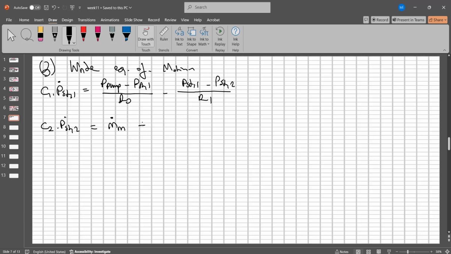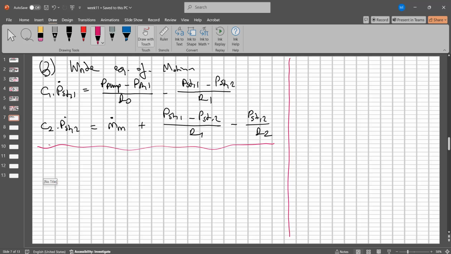And also plus PST1 minus PST2 divided by R1 minus PST2 divided by R2. Okay? That's it. These are the dynamic equations. And so, in order to write in proper form, we can write this one.